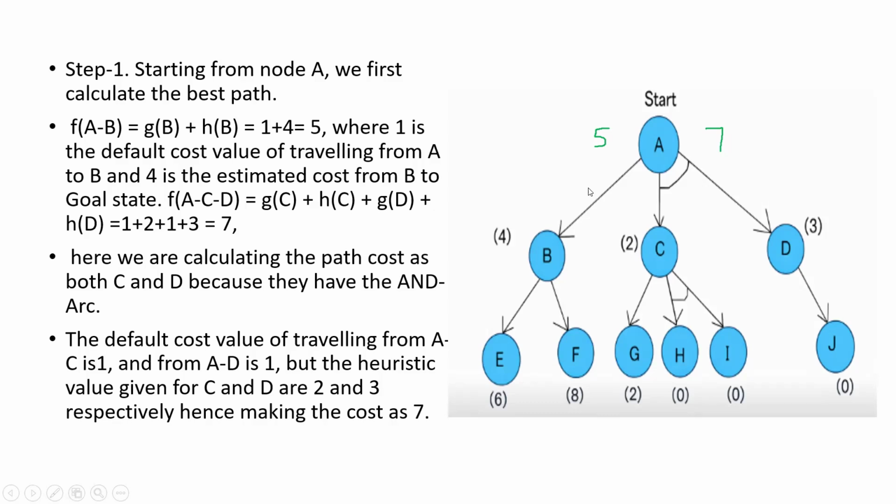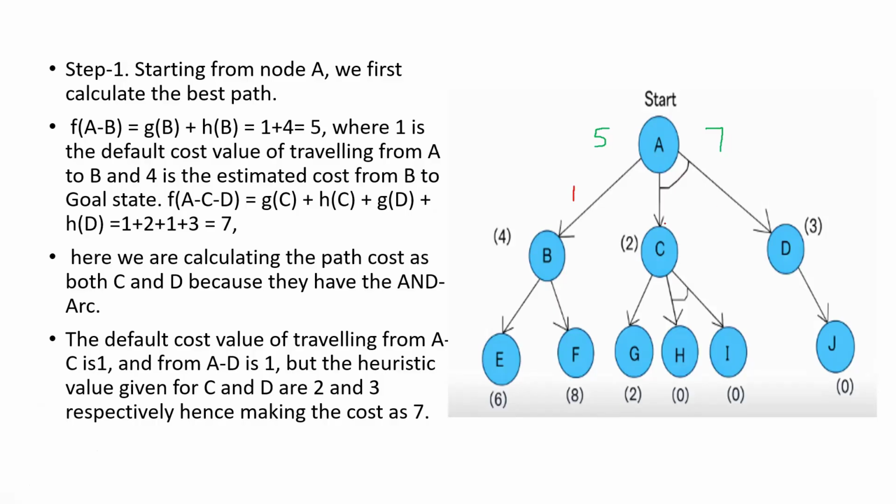All path lengths are 1. So A to B is H of B plus G of B. H of B is 4 and G of B is 1. So 4 plus 1 is 5, that's what is written here.